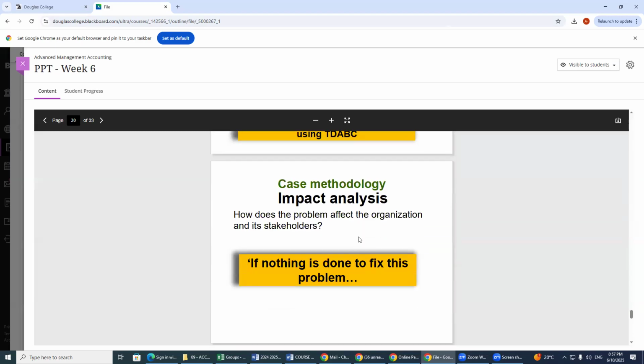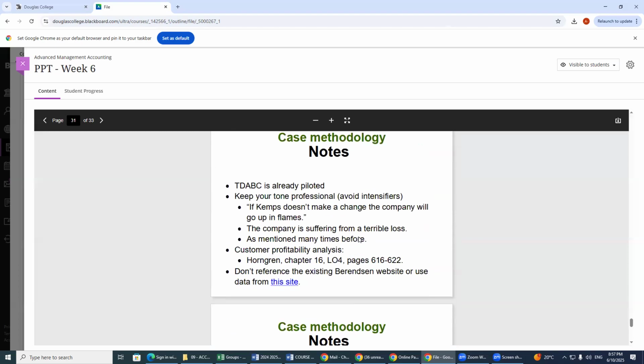How does the problem affect the organization and stakeholders? Basically, if the company is losing money, how does it affect the organization and stakeholders? Well, obviously, they're not happy. They're going to start looking for improvements to find out where and why they're losing money, and how they can stop losing money and start becoming profitable. Time-driven activity-based costing, we're going to find it.